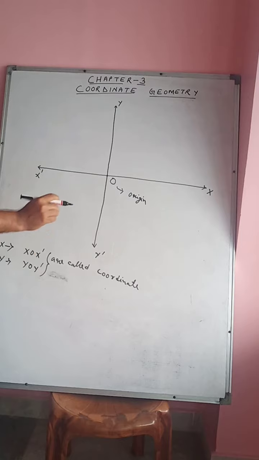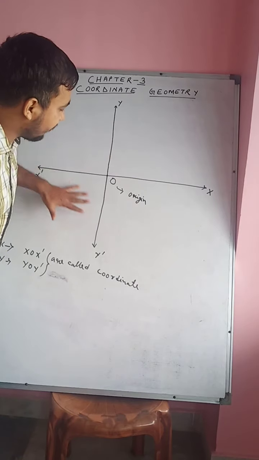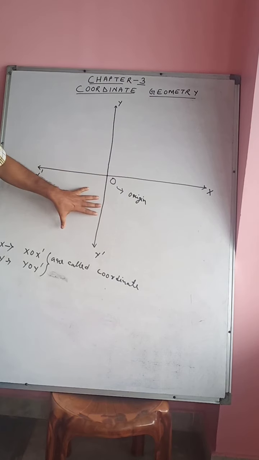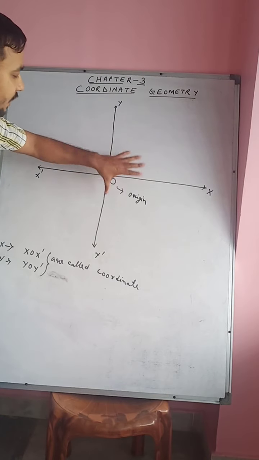When we represent this on a plane surface, this plane is known as the Cartesian plane. Cartesian is the name of the mathematician who discovered coordinate geometry.